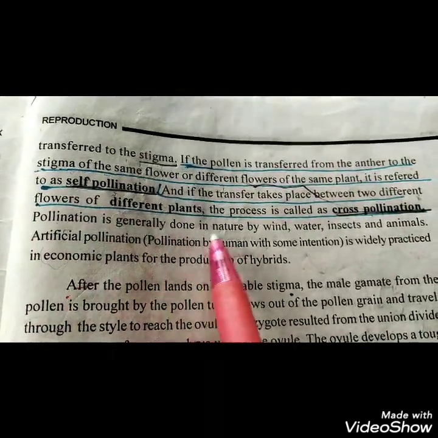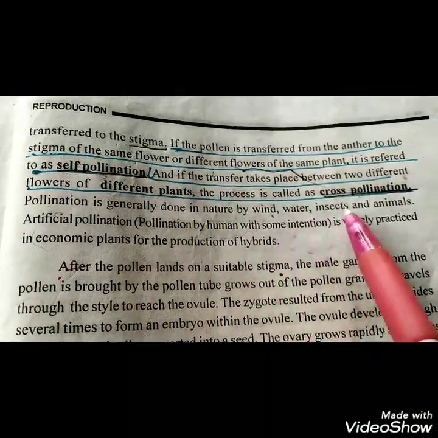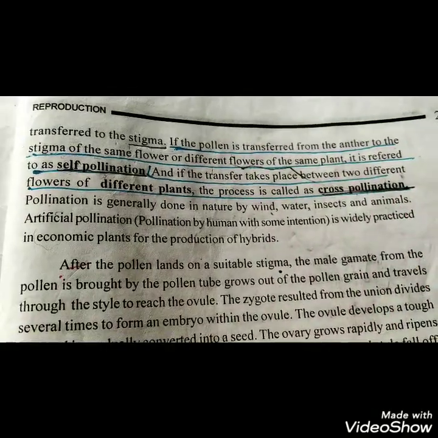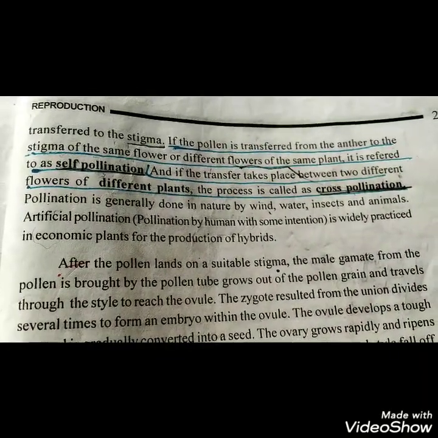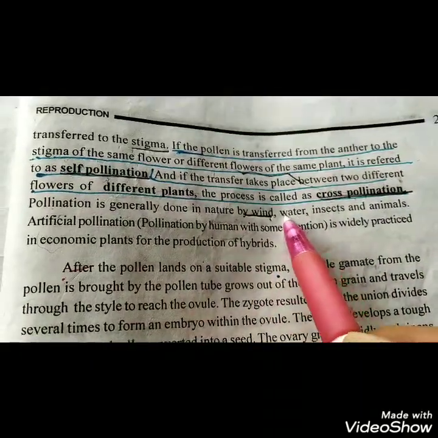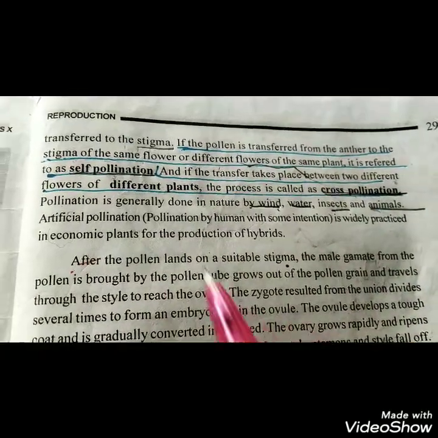Pollination is generally done in nature by wind, water, insects or animals. So the transfer of the pollen grain from the anther to the stigma of the flower is done naturally, with the help of the wind, water, insects or animals.